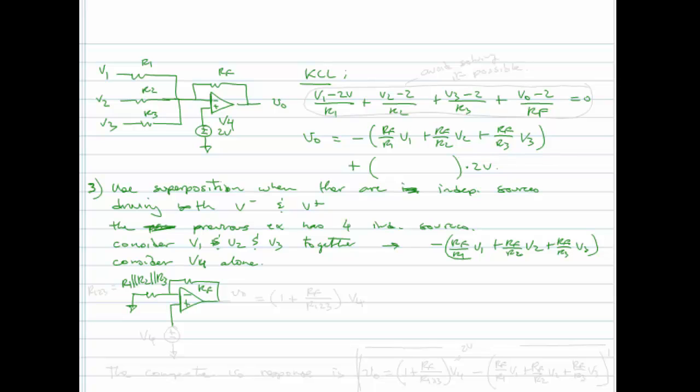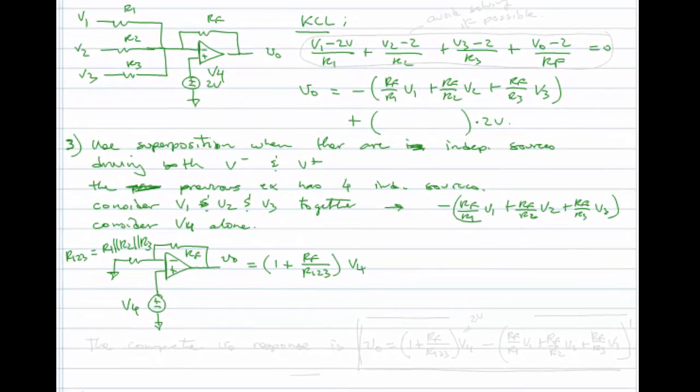And here we have our input V4. Now if I gave you this problem by itself, you'd say, oh, this is just a non-inverting amplifier. I know the answer to that. We've derived that before. It's 1 plus RF over R123, where R123 is the parallel combination of the 3 resistors, and this all times V4.